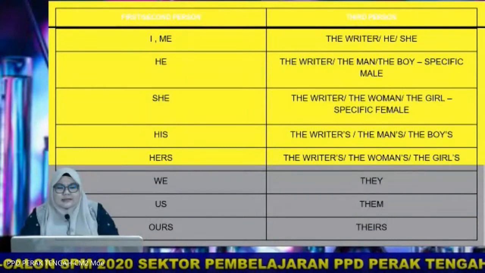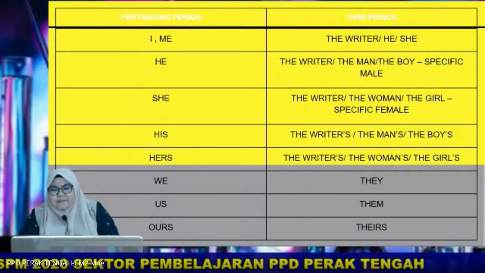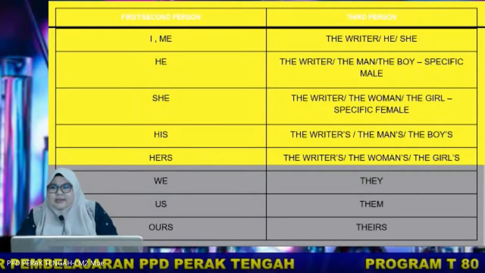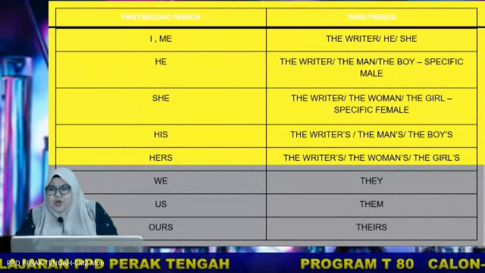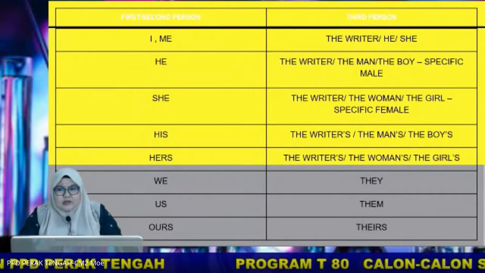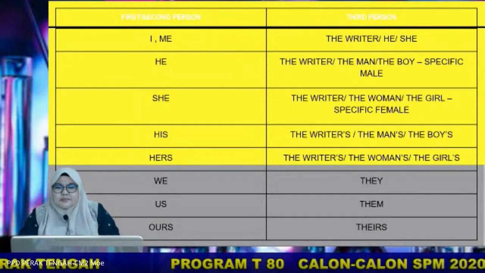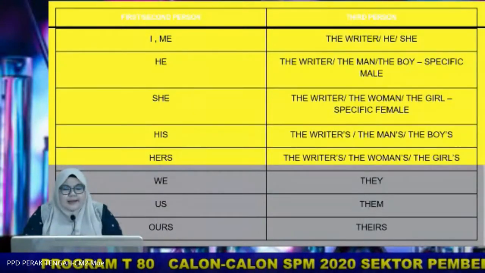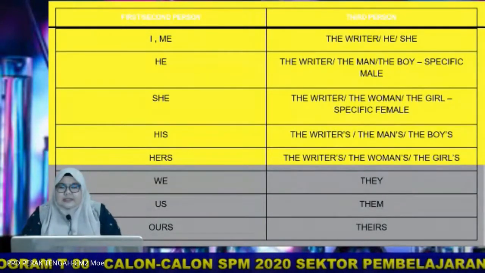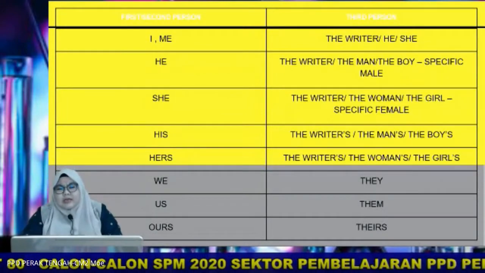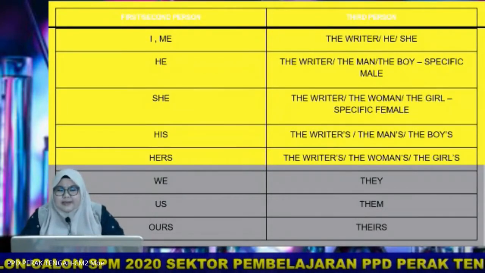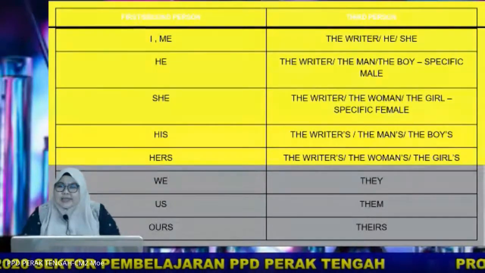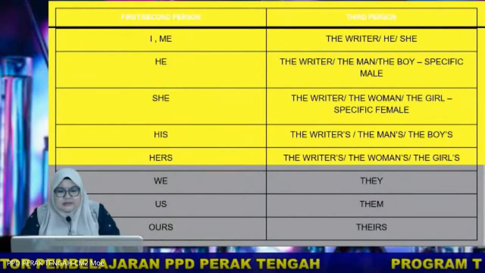When the text is he, we can change the pronoun into the writer, the man, the boy, depending on the text. Look back at the text. He is specific for male. And then we have she. She, we can also refer to as the writer, the woman, the girl, and she is specific for female.